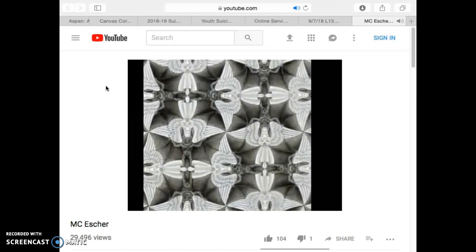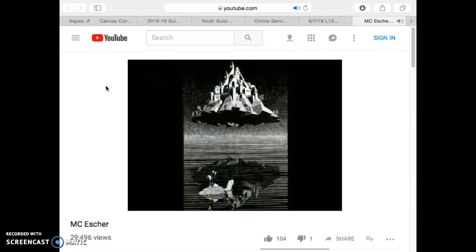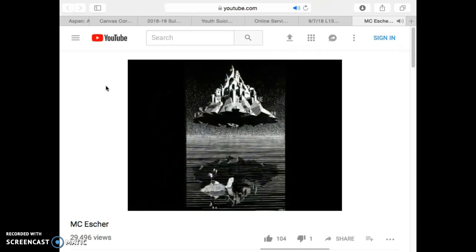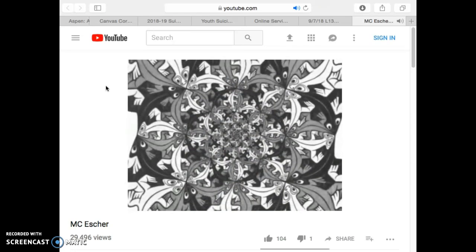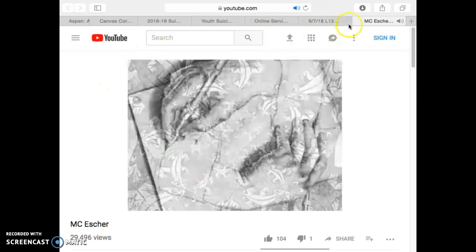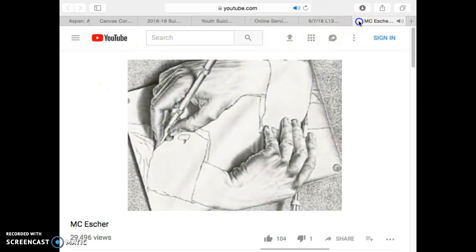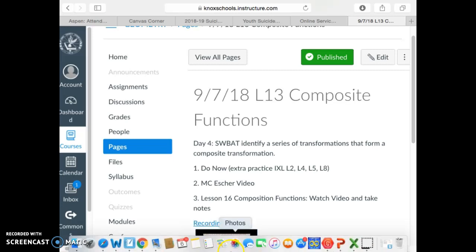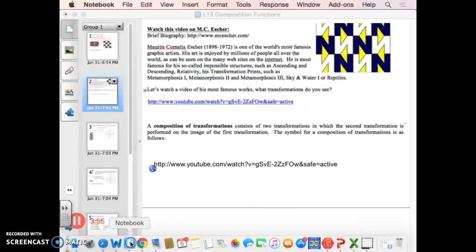Because of the symmetry in his patterns and everything, his work turns out looking pretty awesome. Okay, so that would be a great example of a 90-degree rotation. All right, so let's get back to learning.